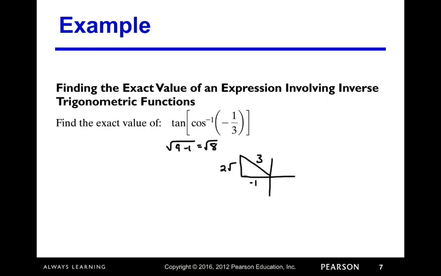So 2 times the square root of 2 will be this side. Tangent of theta would be opposite over adjacent, 2 times the square root of 2 over -1. So -2 times the square root of 2 is my answer for the tangent of the angle that has a cosine of -1/3.